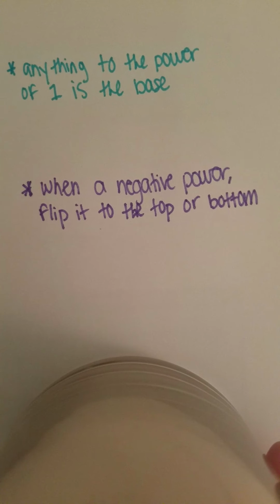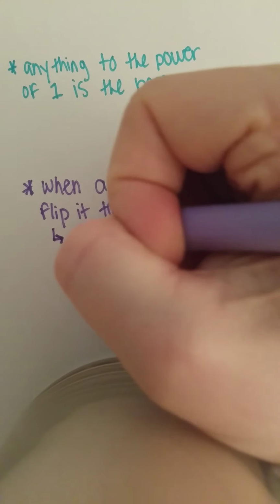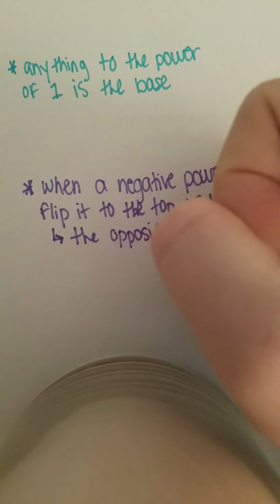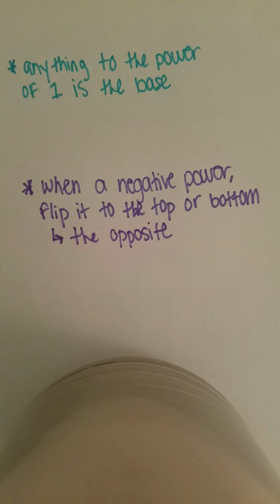So when you have a negative power, you're going to flip it to either the top or the bottom, whichever the opposite is. So if it starts on the top, you're going to flip it to the bottom, and if it's in the bottom, you're going to flip it to the top.